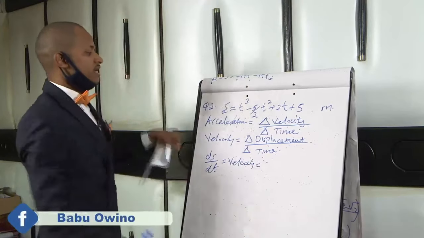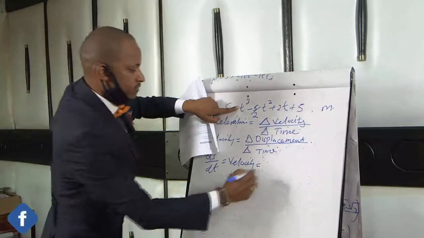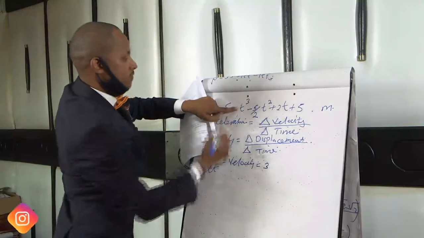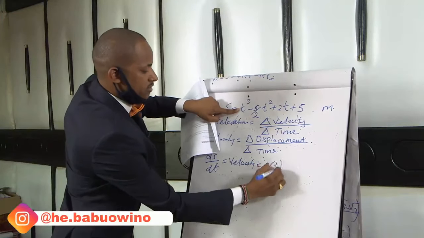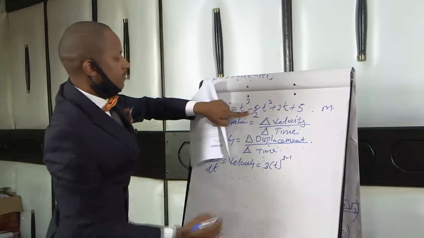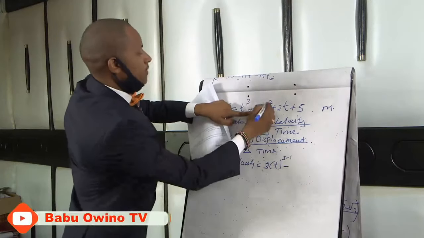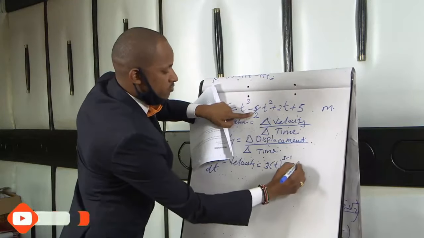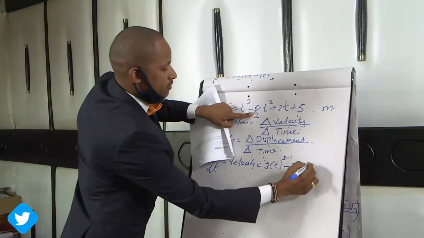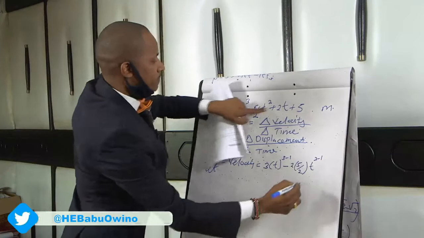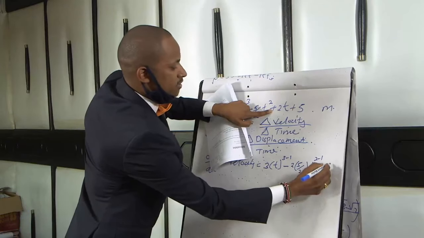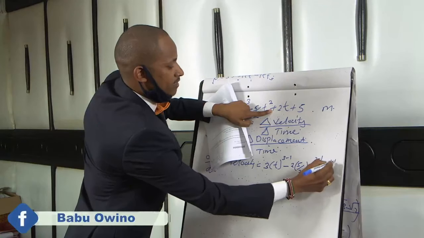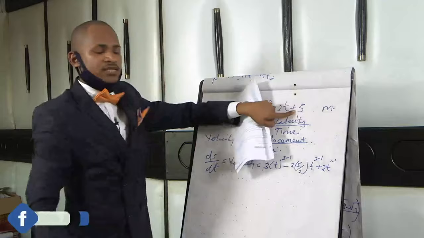So the velocity becomes, when you differentiate t cubed, you bring 3 down into t to the power 3 minus 1, minus, bring 2 down, that is 2 into 5 over 2, t to the power 2 minus 1, plus 2t to the power 1 minus 1. When you differentiate any constant number, you get 0.